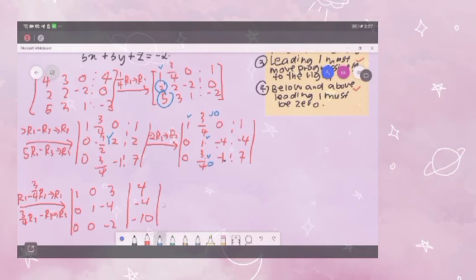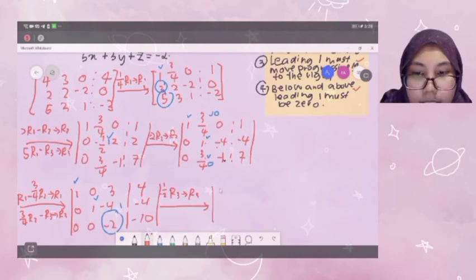Okay, so now we have leading 1 in row number 1, leading 1 in row number 2, but we still need to change it to 1 here because we still haven't had leading 1. So let's proceed. So it will be 1, -1/2, row 3, we put it in row 3.